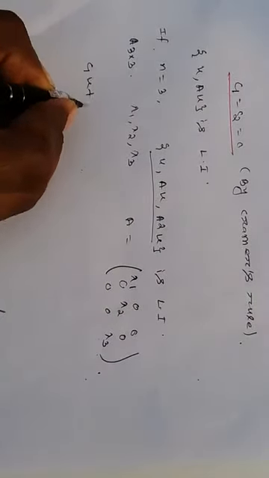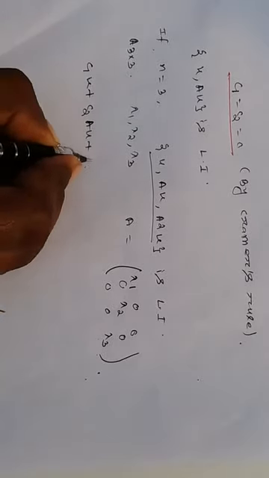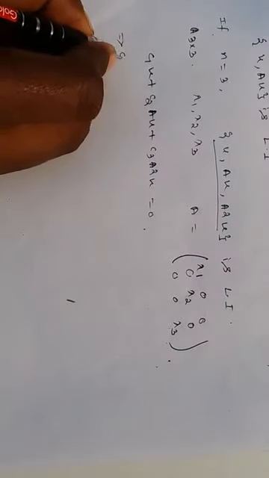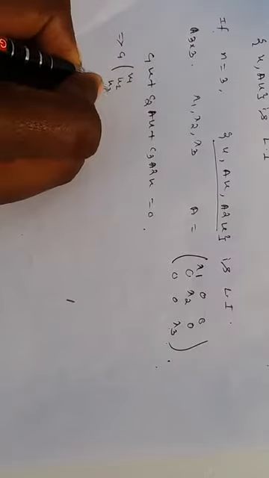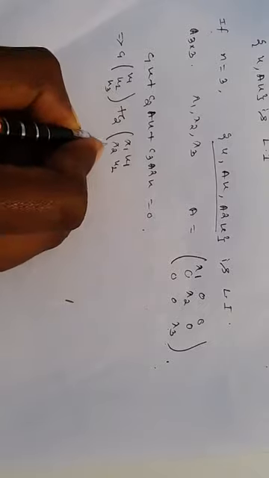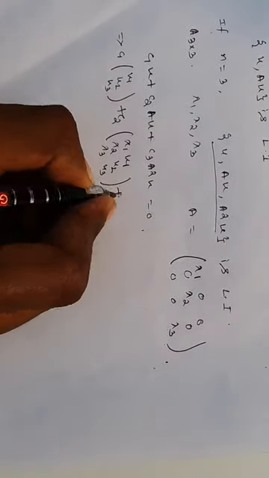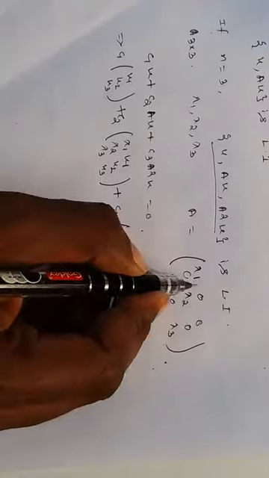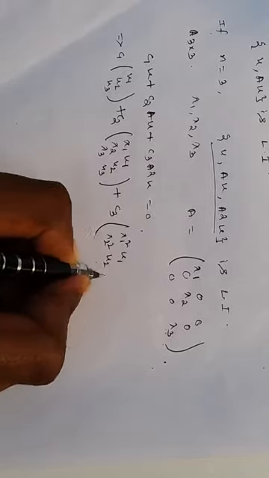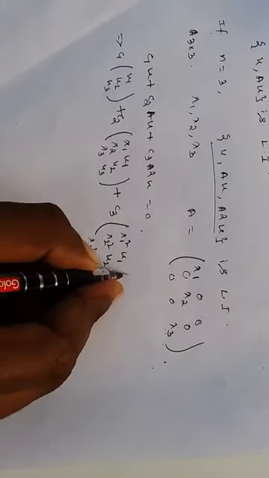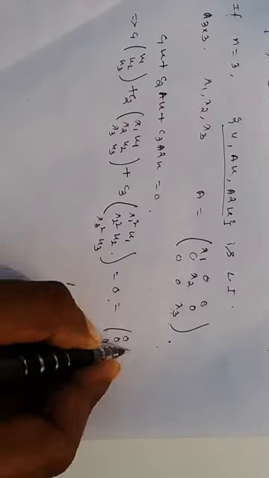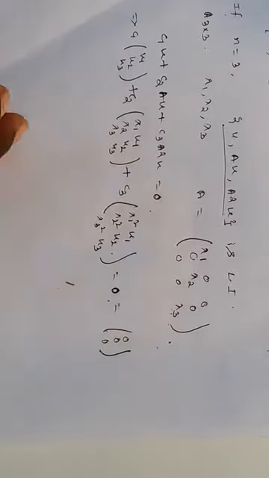So we take an equation C1 U plus C2 AU plus C3 A squared U equal to 0, and this implies C1 (U1, U2, U3) plus C2 (lambda 1 U1, lambda 2 U2, lambda 3 U3), and similarly C3 times (lambda 1 squared U1, lambda 2 squared U2, lambda 3 squared U3). This is 0, which means the 0 vector.